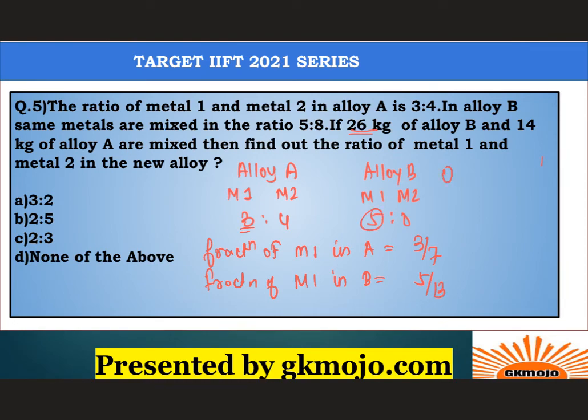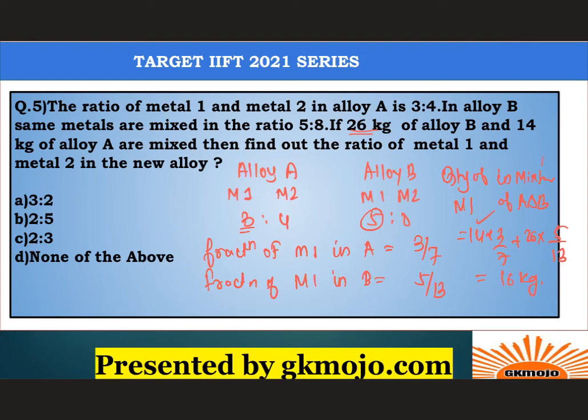So basically, the quantity of metal 1 in the mixture of A and B would be 14 into 3/7 plus 26 into 5/13. Why? Because you are taking 14 kg of alloy A and 26 kg of alloy B, right? Solve this and you get 16 kg.